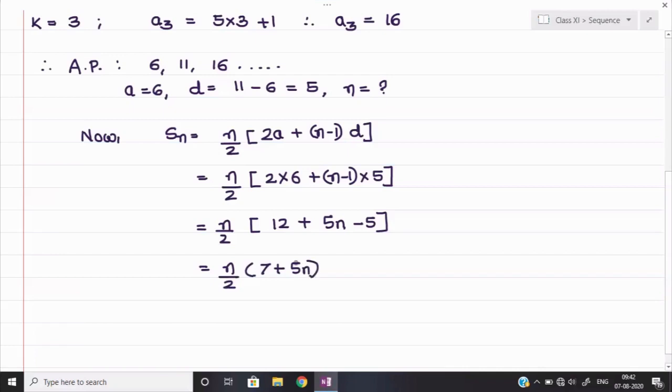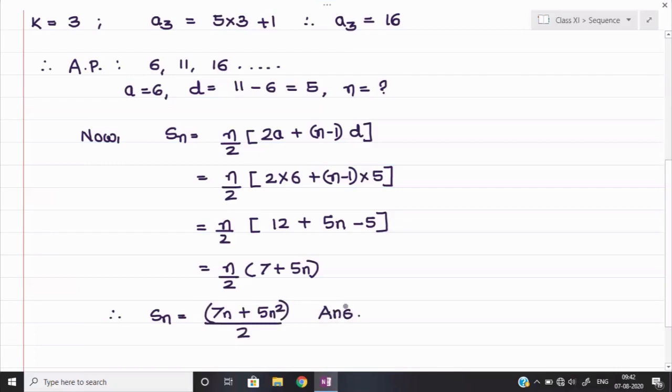Now n we can multiply inside and we can say the final value of Sn would be 7n plus 5n square, and that will be whole divided by 2. This is your answer for the sum of the n terms of the given AP.